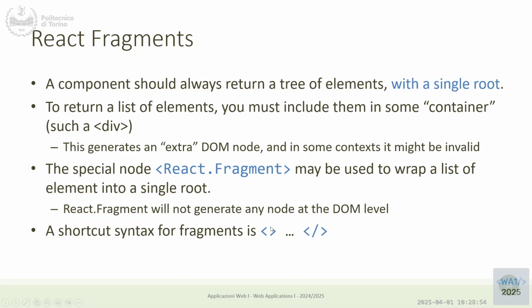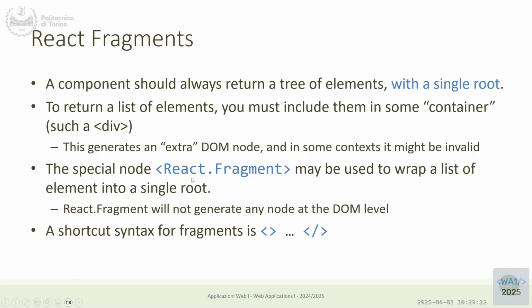Whenever we need to create a grouping of components and they need one root to be treated as one group, we could just use this syntax here. It's a special node called React.Fragment, like it's written here, but it can be abbreviated, and usually is abbreviated, like this with an empty tag.